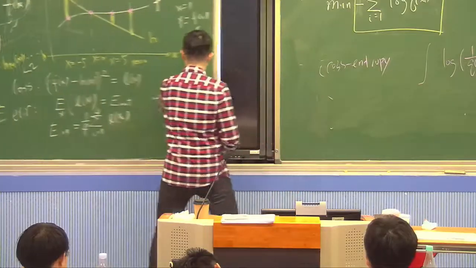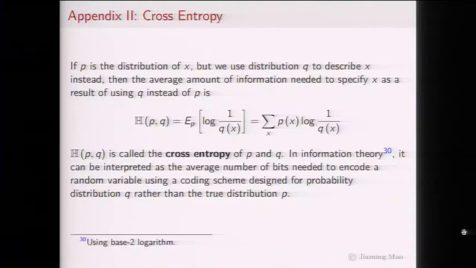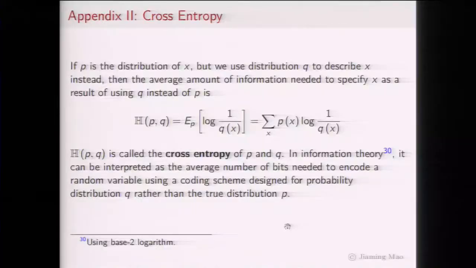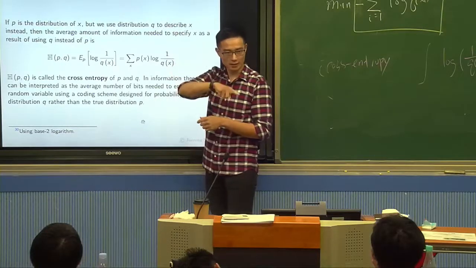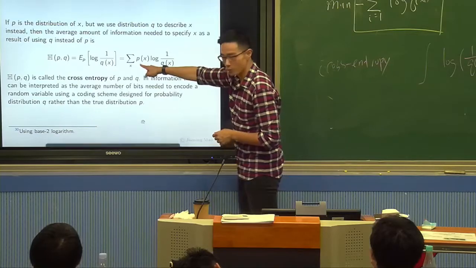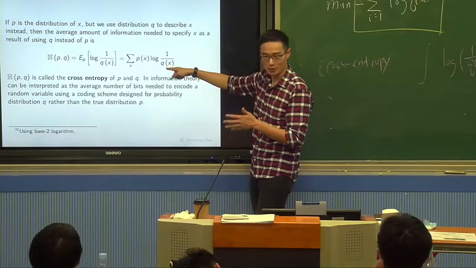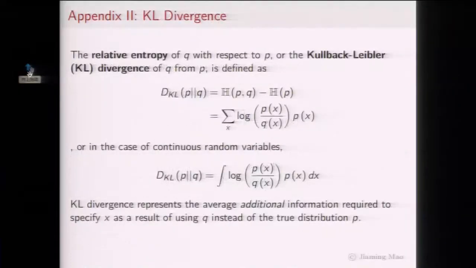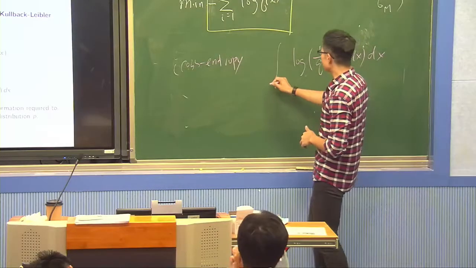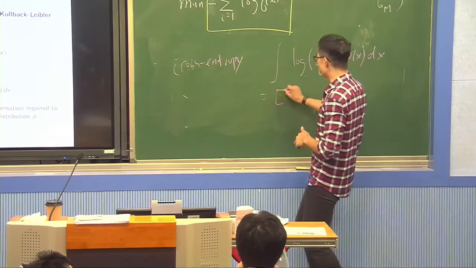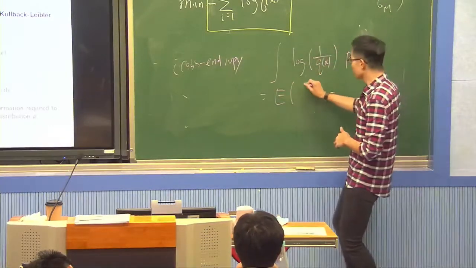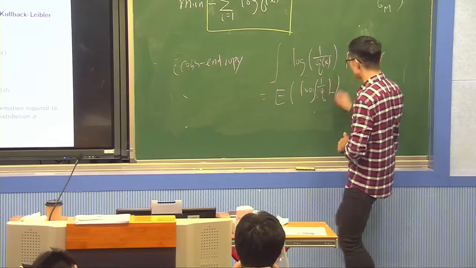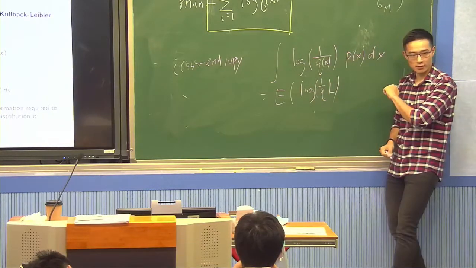Right, so if we look at here, this is our cross-entropy. Previously I wrote it in discrete form, but now I'm writing it in integral. It's still using p(x), but I'm using the wrong distribution, q, right? So it's basically log of 1 over q(x), p(x) dx if we do it as an integral. Now, we can also write it as the expectation of the log of 1 over q, right?